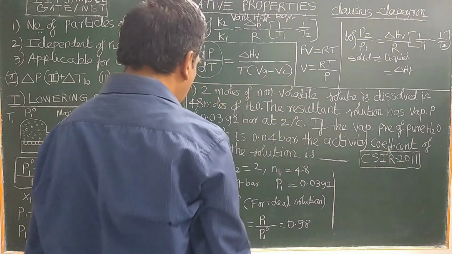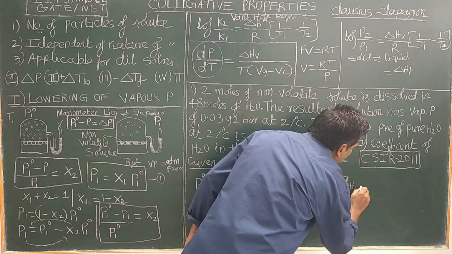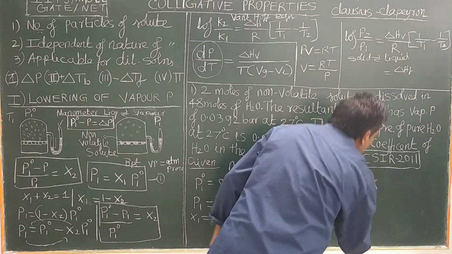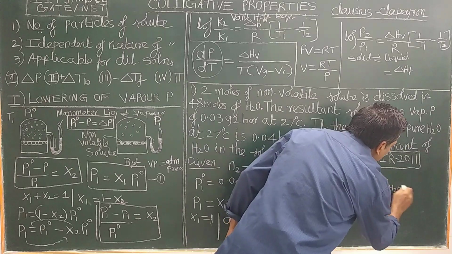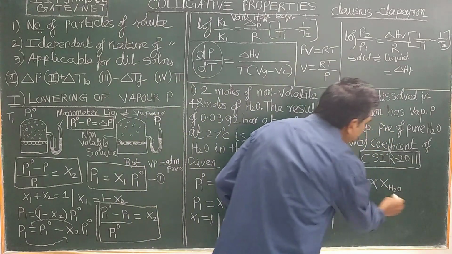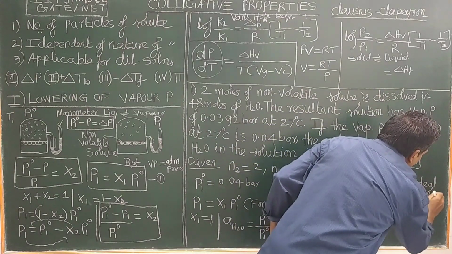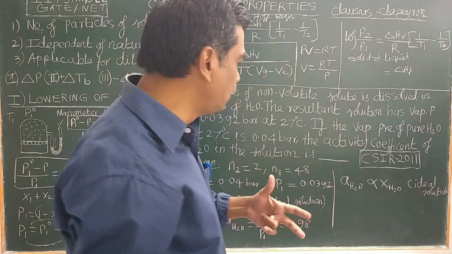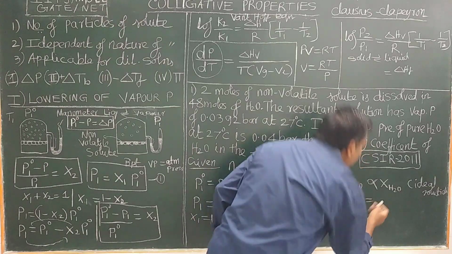Okay. Now, what is the activity of water? The activity of water is directly proportional to the mole fraction of the water in the solution. And suppose it is an ideal solution or dilute solution, the activity of water is equal to its concentration.